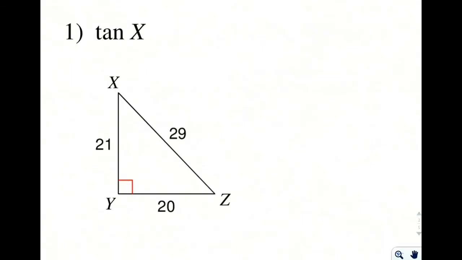In this first example, we're told to find the tangent of x. So we're asked to find the tangent of angle x. The tangent, we remember, is going to be the opposite over adjacent.